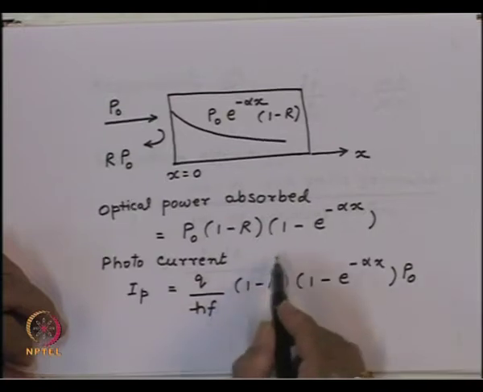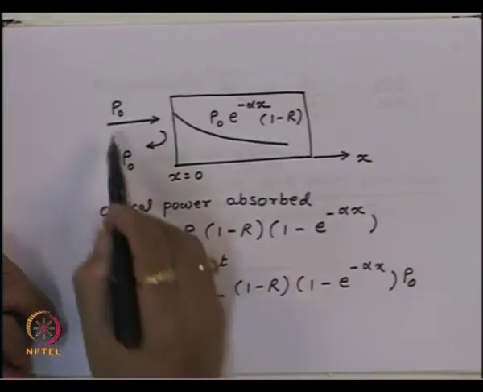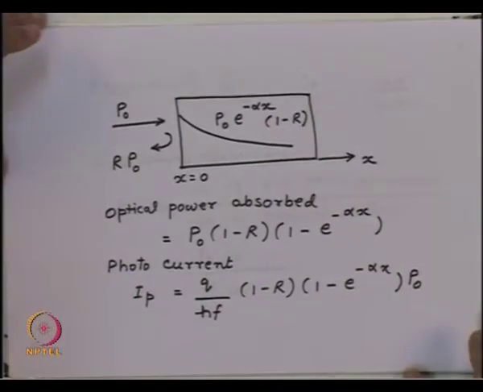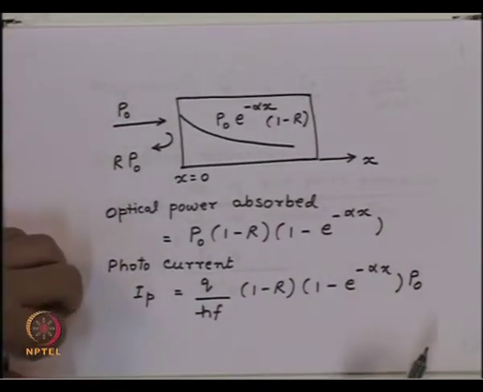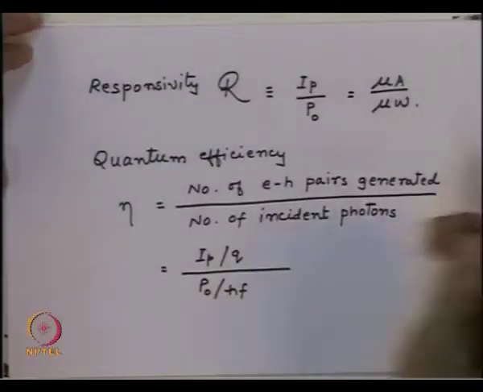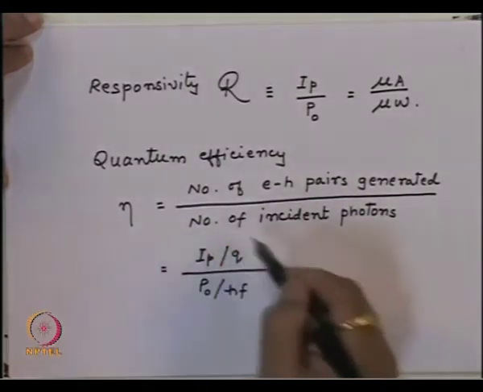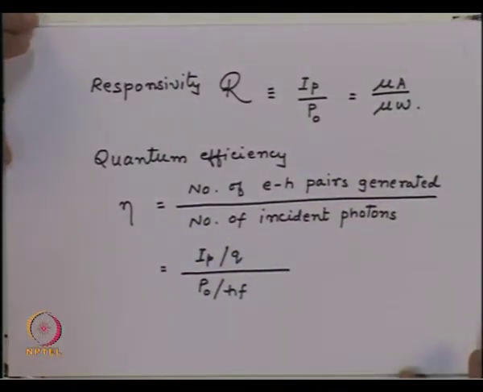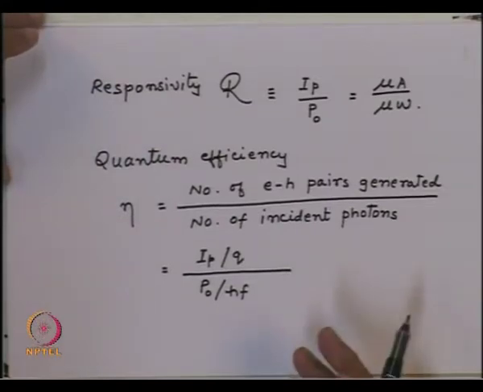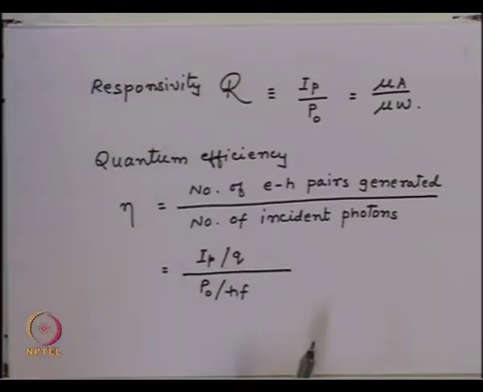So, this factor essentially tells us that out of so many photons which are incident on this material, how many actually will contribute to the generation of electron hole pairs. So, like responsivity, this parameter is also one of the useful parameters, but it tells you essentially the efficiency of conversion of photons to electron hole pairs.